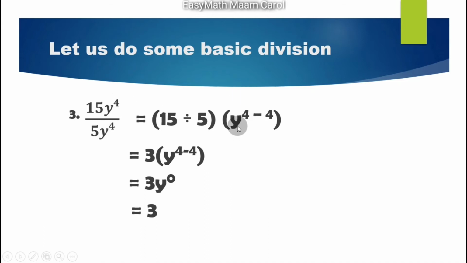So, if we are going to follow the rule, 4 minus 4, that would be 0, di ba? Ngayon, as I've mentioned dun sa example 2, kapag 0 yung exponent, this is actually equal to 1 at makakancel out, mawawala na yung variable na y natin. Therefore, our final answer is 3.